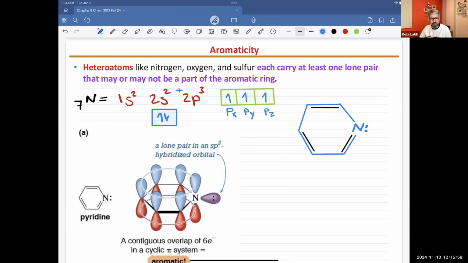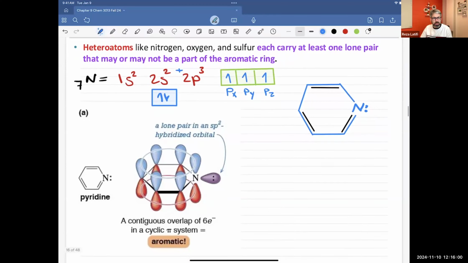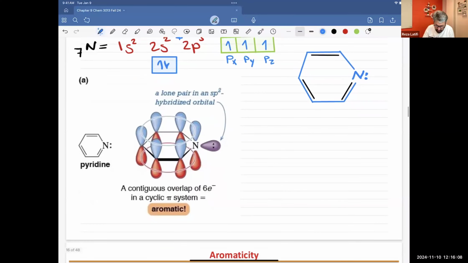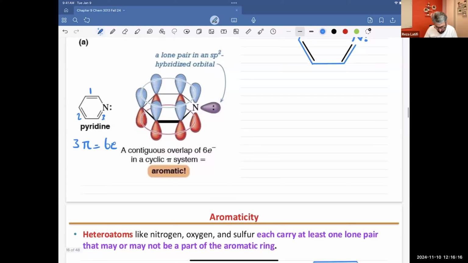Okay, let's tackle the pyridine molecule. Is the pyridine molecule aromatic, yes or no? Let's check the pi bonds. We have 1, 2, 3 pi bonds, so 3 pi bonds means 6 electrons. So are we following the formula 4n plus 2?